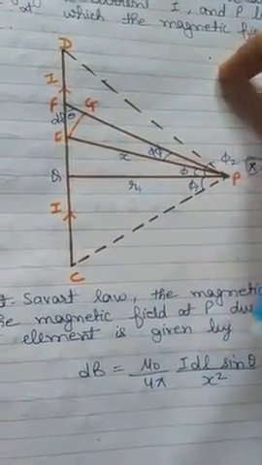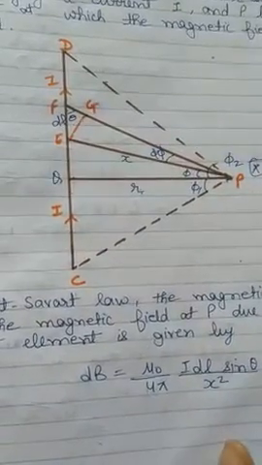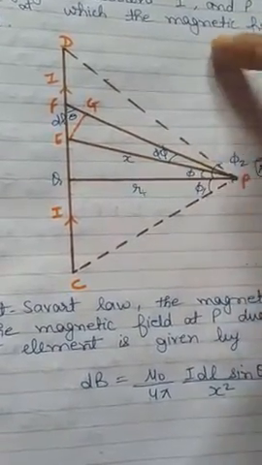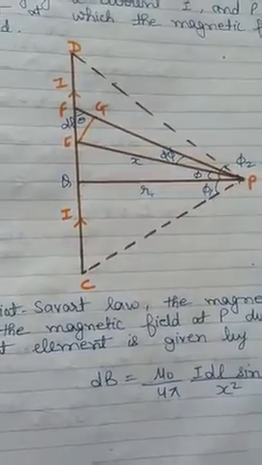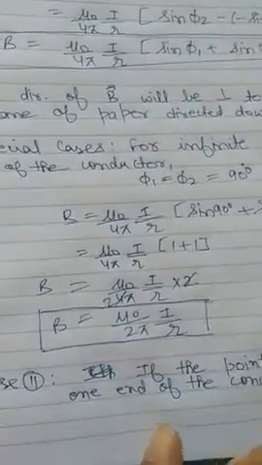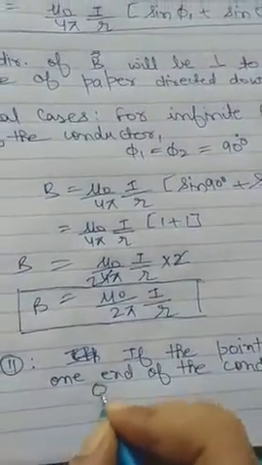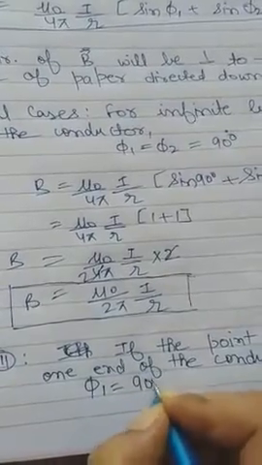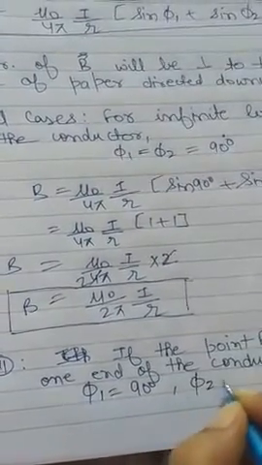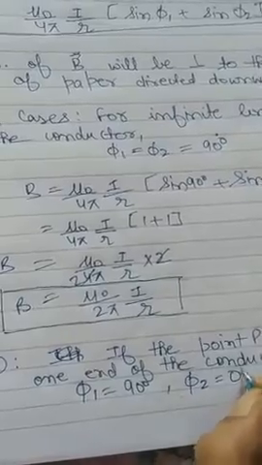Phi 1 will become equal to 90 degree, and because the point is exactly here, the angle it will make will be 0 degree. So phi 1 will be your 90 degree, but phi 2 will become equal to 0 degree.